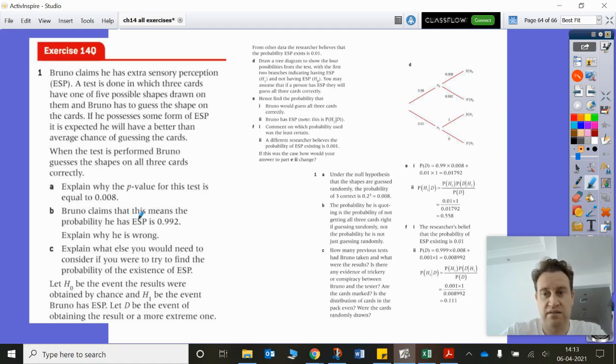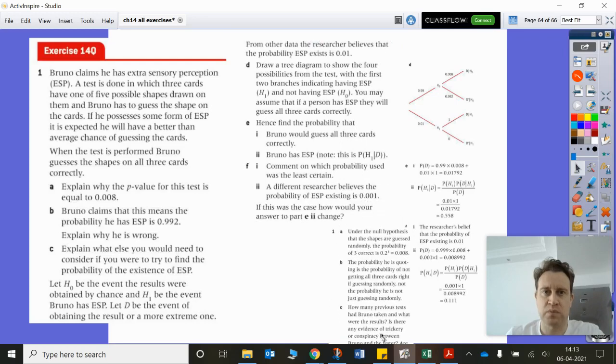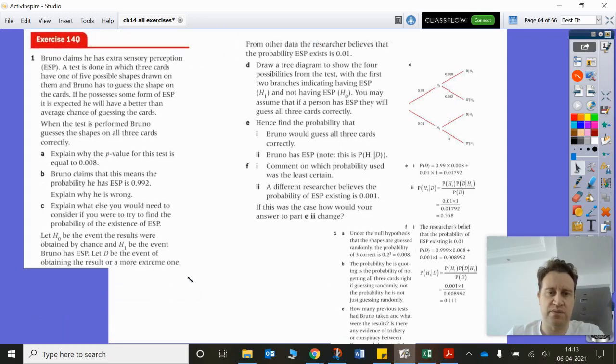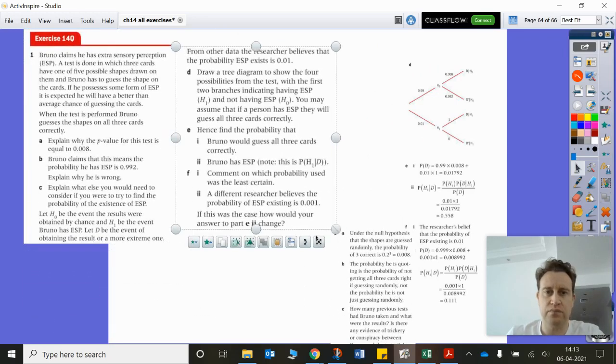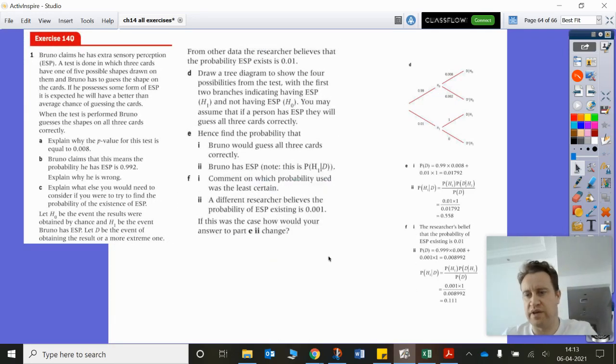Okay, so D is he has ESP, or that's the conclusion. Okay, so then it says from other data, just a little bit further on this one, so let's just make this a little larger here. And let's bin this, okay, let's get rid of that.